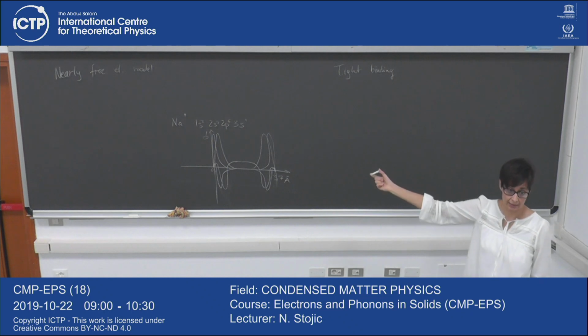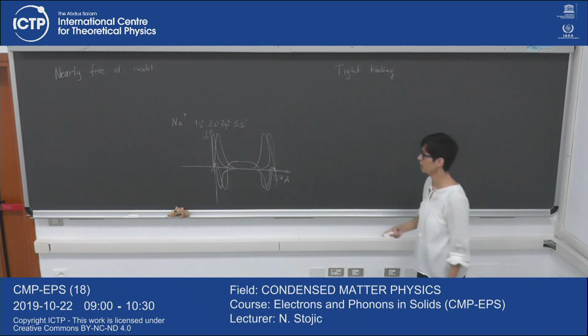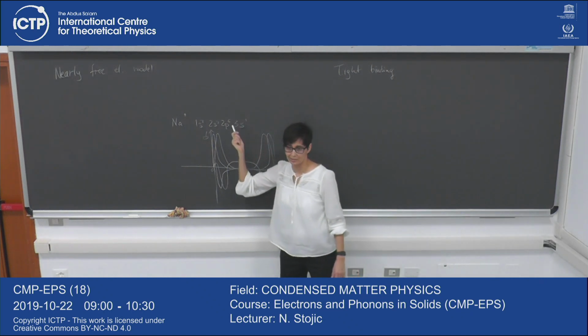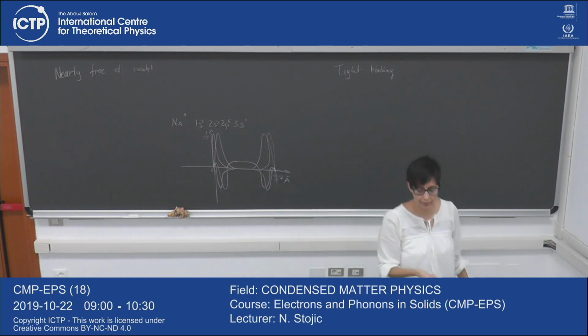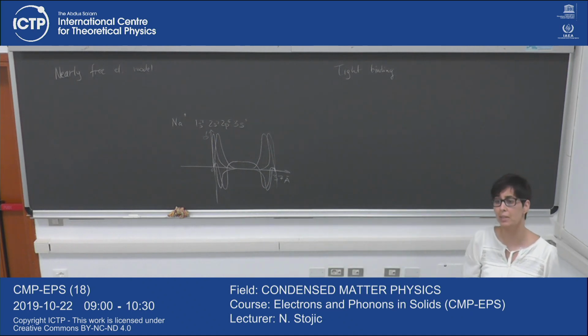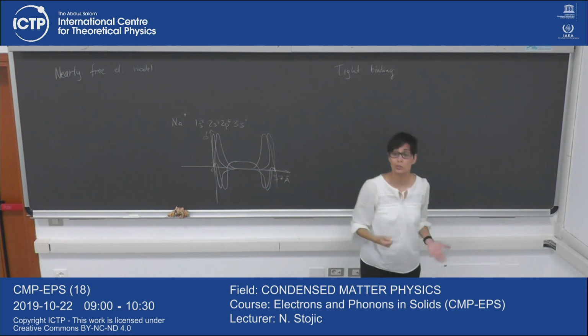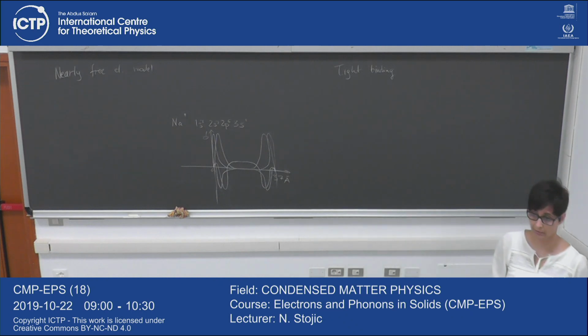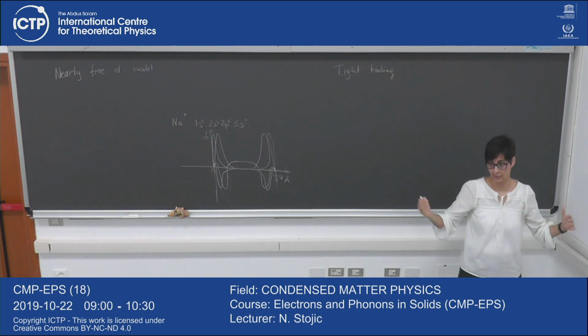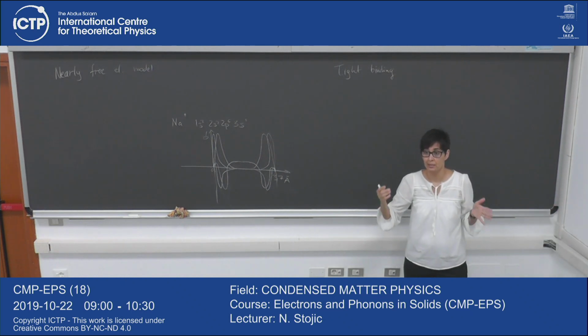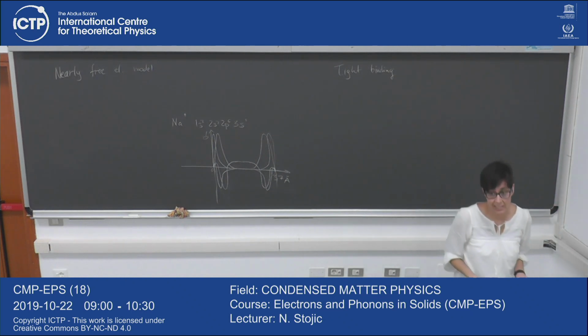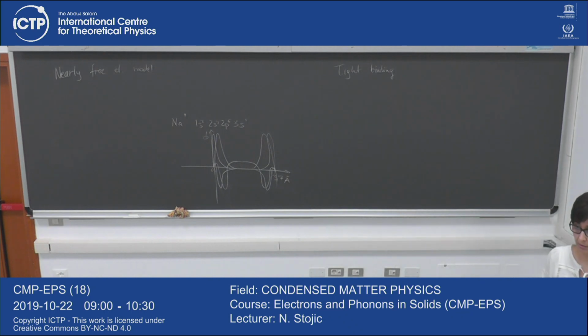It is an alkali, with one s electron in the outer shell. So you cannot imagine applying tight binding, because the overlaps will be strong. One of the conditions for the application of tight binding is that the overlap of the wave functions from the neighboring sites is very small, close to 0.